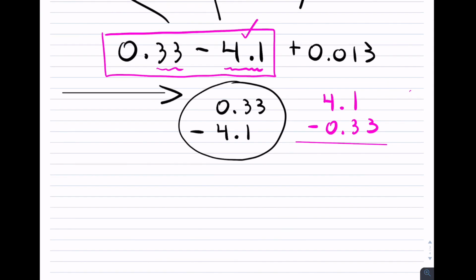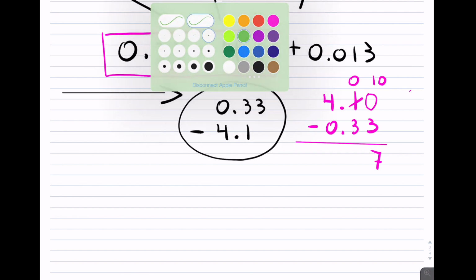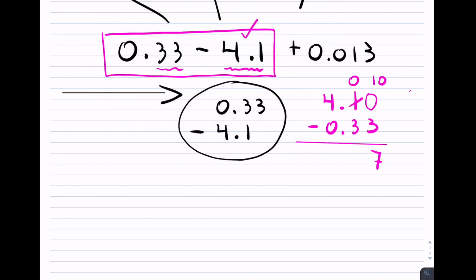Okay, let's do it. I'm going to add the 0 here. So 0 minus 3 I can't do. I'm going to take away the 1. But 10 minus 3 is 7. Now again, can't do 0 minus 3. Okay, so I'll take away 1 from here. So this becomes, again, 10.